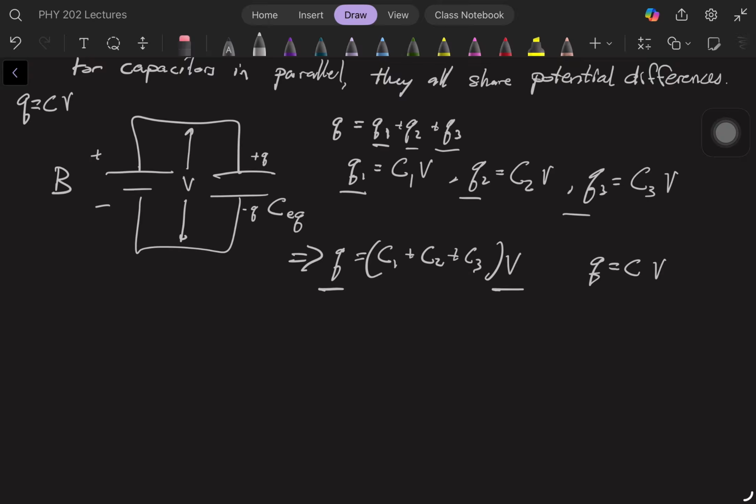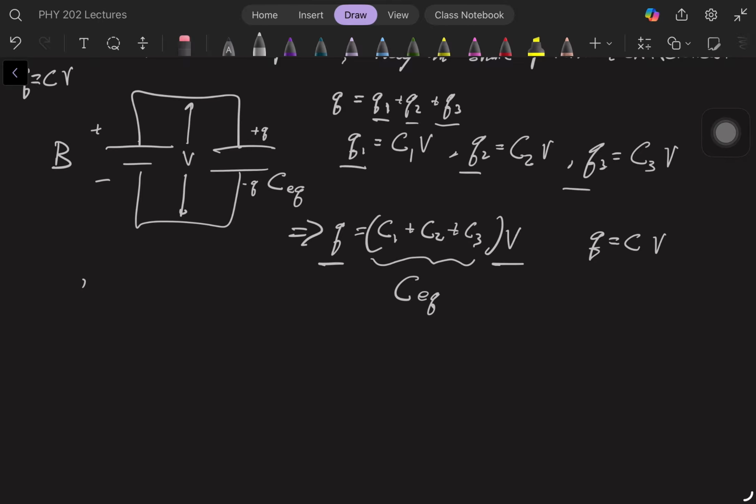And so we can go ahead and say this is the equivalent capacitance. All right, so if we say CEQ is equal to Q over V, we can plug in the C1 plus C2 plus C3 times V, divide that by V, and we get it's just equal to C1 plus C2 plus C3.